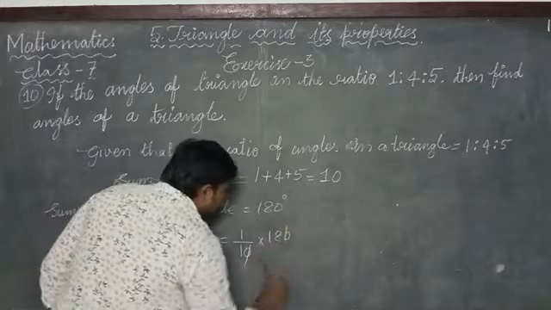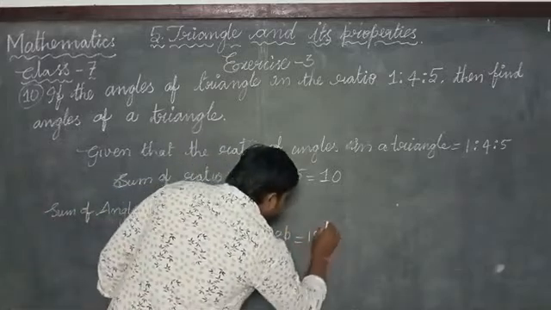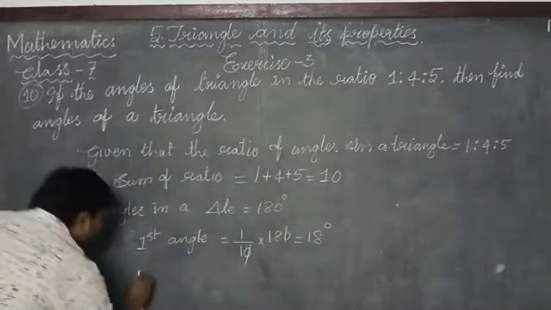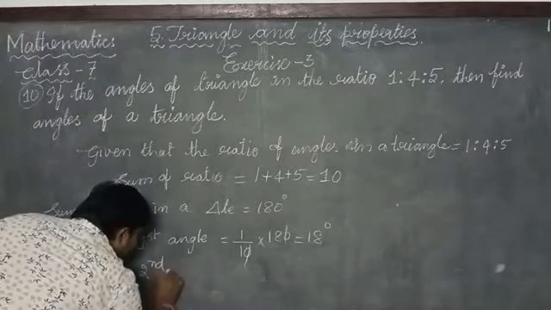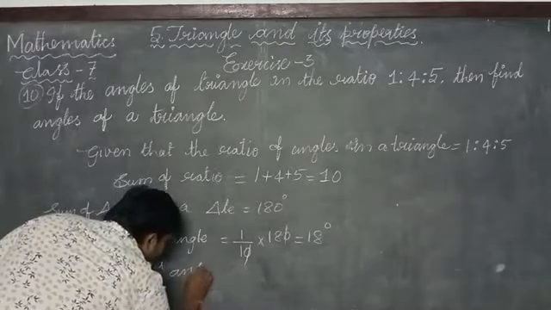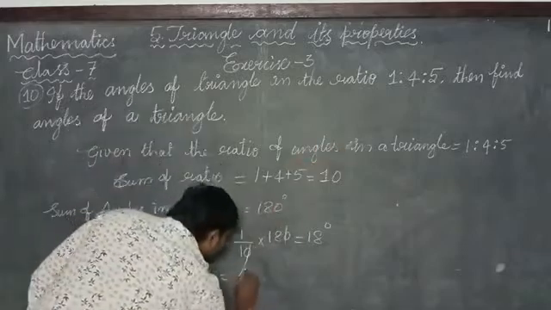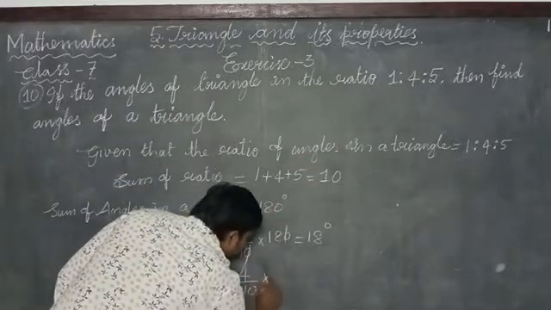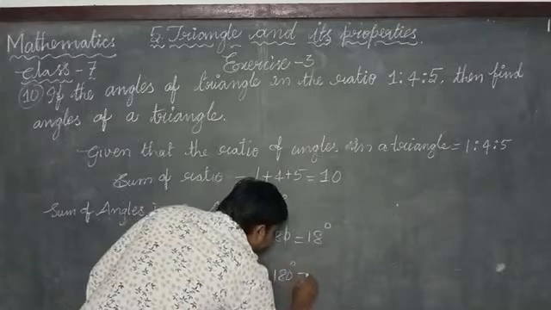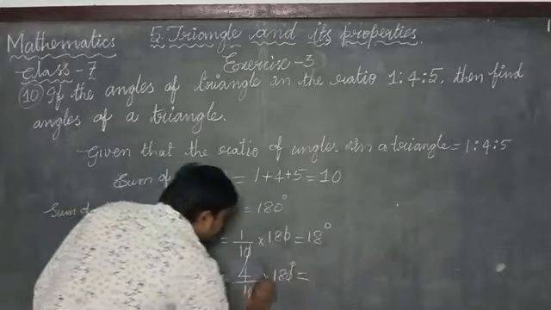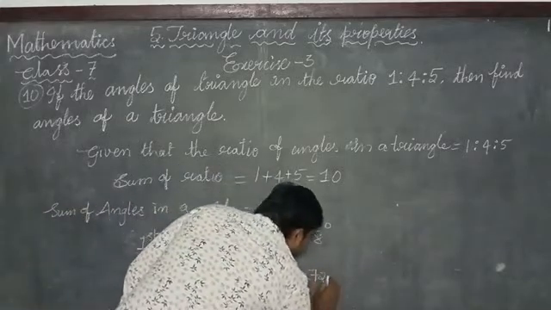It means 18 degrees. The first angle is 18 degrees. And the second angle is 4 by 10 into 180 degrees. Here the 0 cancels, then 18 fours are 72 degrees.